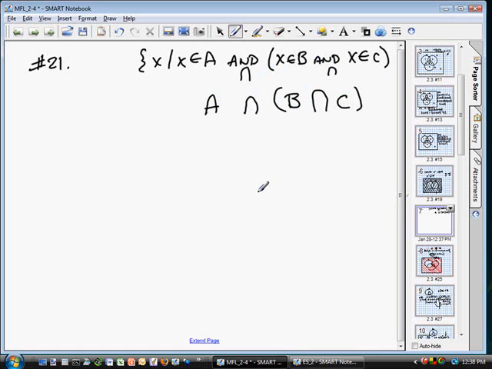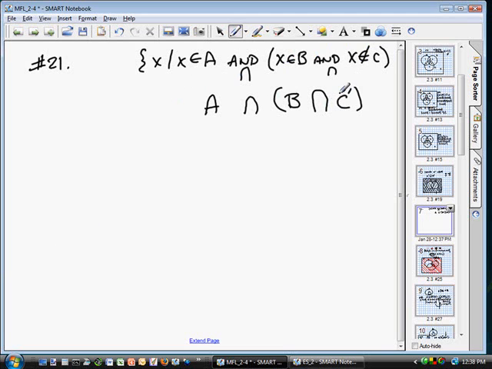And then we have to do this. Okay. So, parentheses first. Oh, and are we supposed to do this with a Venn diagram? Yeah.